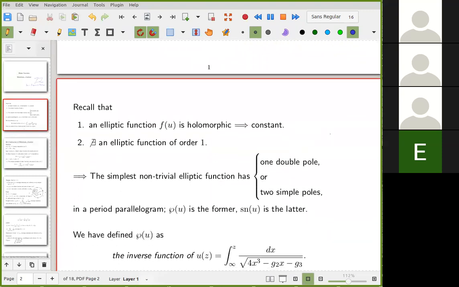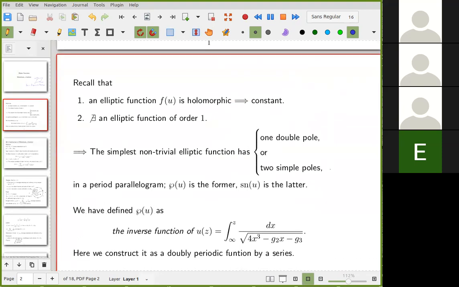Okay, until now we have defined the Weierstrass function as the inverse function of such an elliptic integral, but today we construct it very concretely, explicitly.